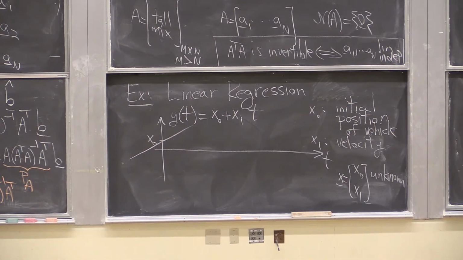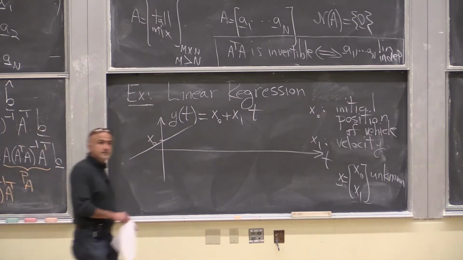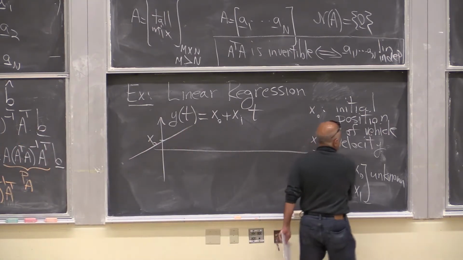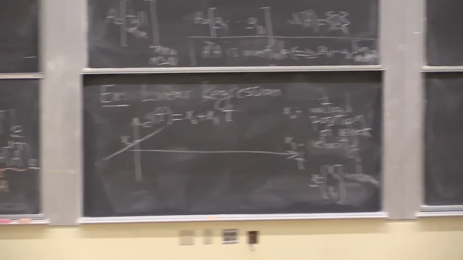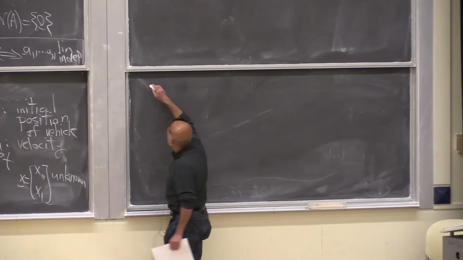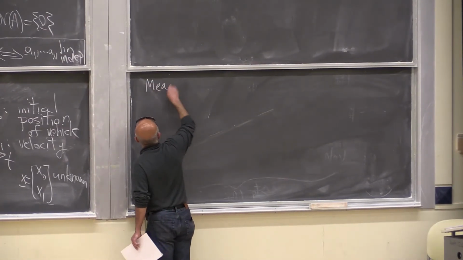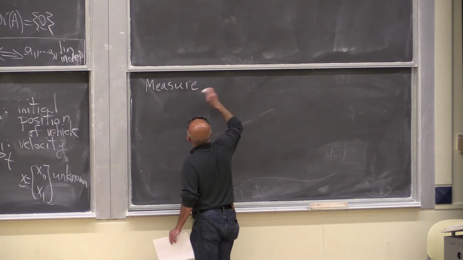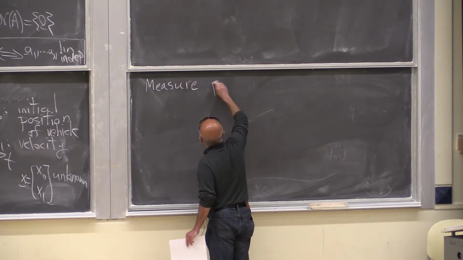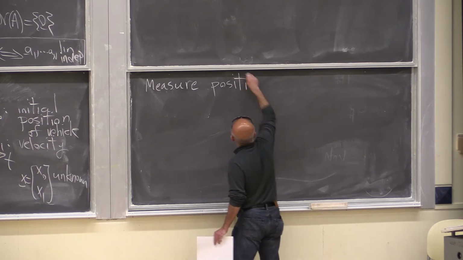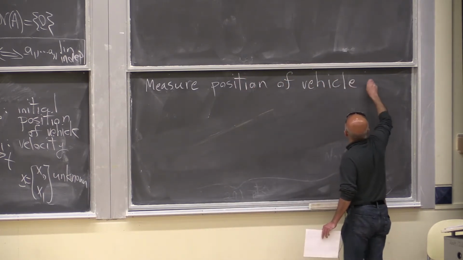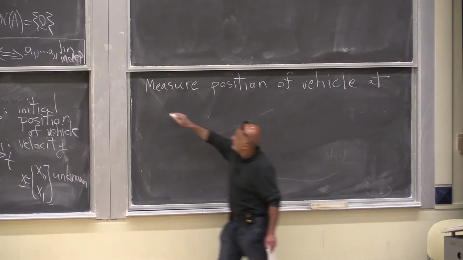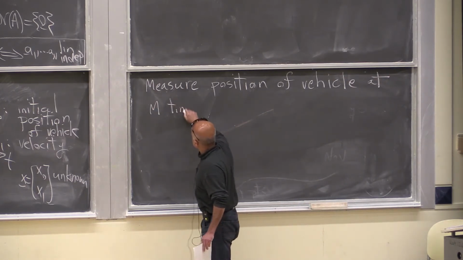What you do is make a bunch of measurements. So you just observe the vehicle over a certain set of times. So measure the position of the vehicle at m time instants.